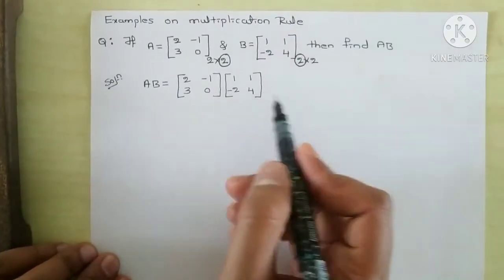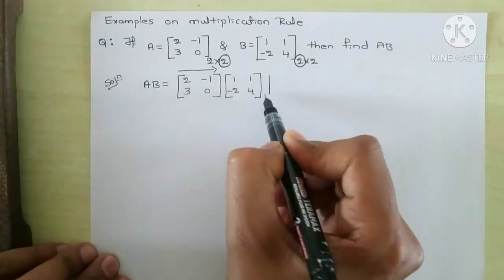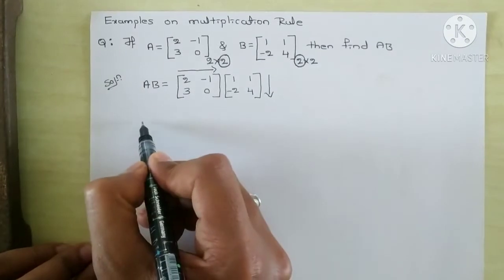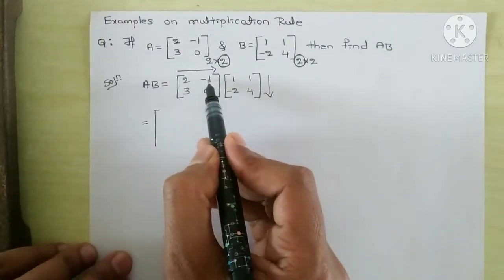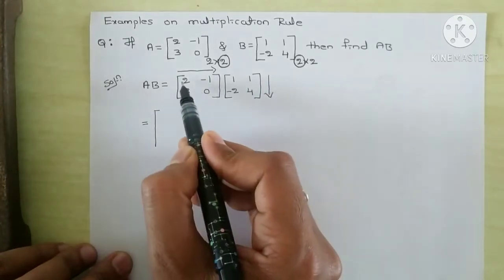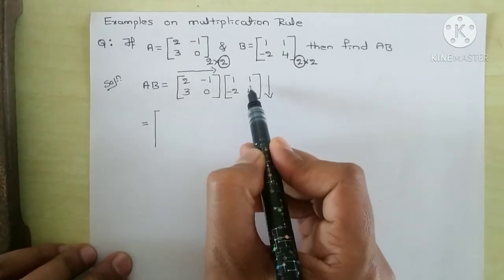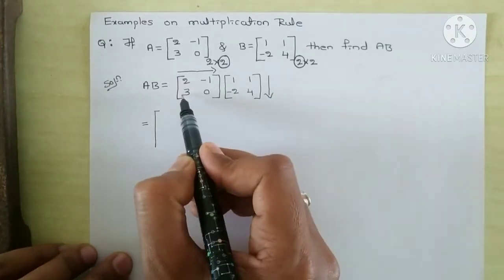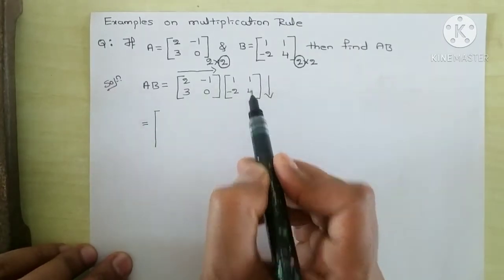Now you have to go with rows in terms of columns and do the multiplication. The first row goes with the first column, and the first row goes with the second column. The third column is not there, so you stop here. Afterwards, the second row with the first column, and the second row with the second column.